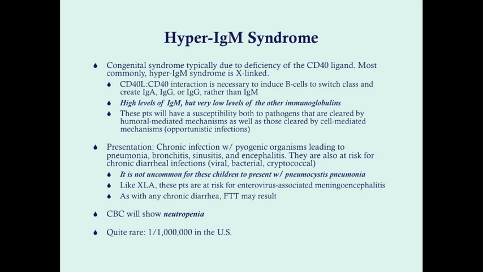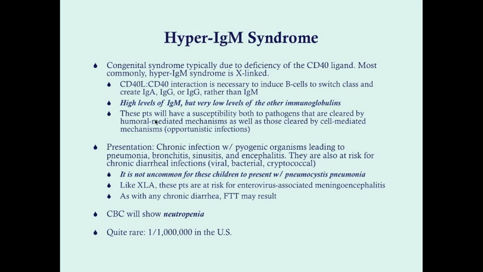That can happen too, but we're just going to consider the simple case here. So you don't get IgA, IgG, or that should be IgE, not IgG. But you have a ton of IgM because you continue making B cells and you're stimulating B cells and making tons of IgM, but everything else is going to be low. IgA, IgG, and IgE are going to be low. So high levels of IgM, but very low levels of the other immunoglobulins.